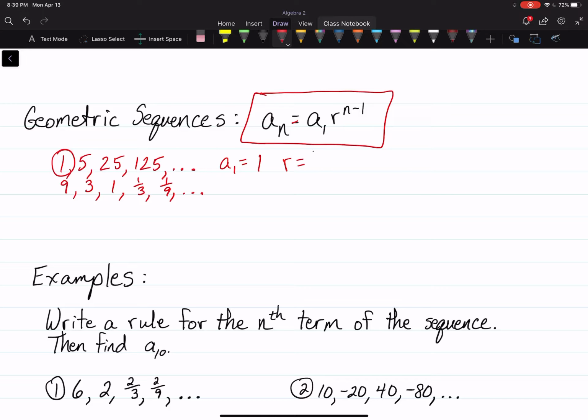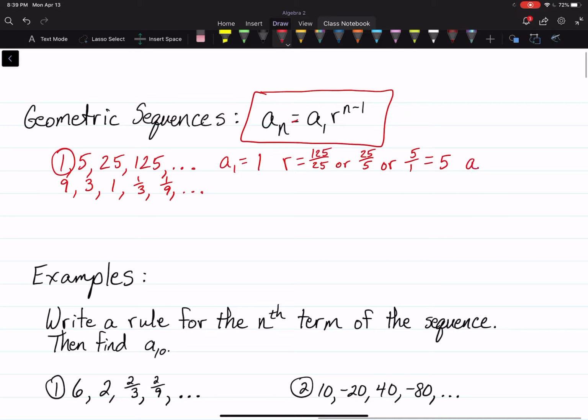So you could say 125 divided by 25, or 25 divided by 5, or 5 divided by 1, and they will all tell you that r is 5. And so the rule for this geometric sequence would be a sub n equals 1 times 5 to the n minus 1.